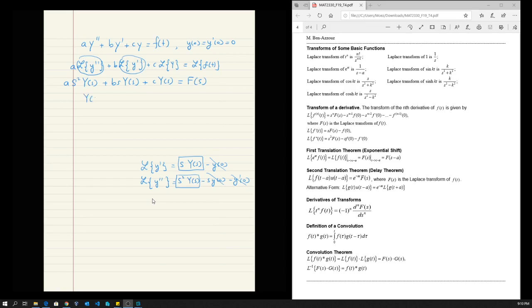When we do this, we factor out the Y of s. So this becomes a s squared plus b s plus c times Y of s equals F of s. So Y of s is equal to 1 over a s squared plus b s plus c multiplied by F of s.